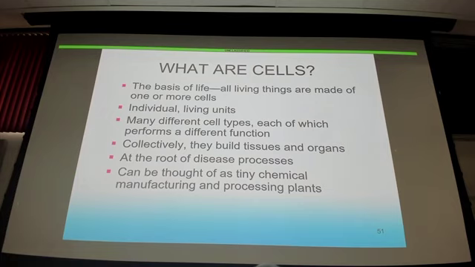And we're going to discuss the generalized cell, then we'll get into the next block of how they're all different. But they are living units. Collectively, if you go back to our beginning diagram, you take cells and you make tissues, and then you make organs, and you make organ systems, and you make an organism. So they're the start of that.